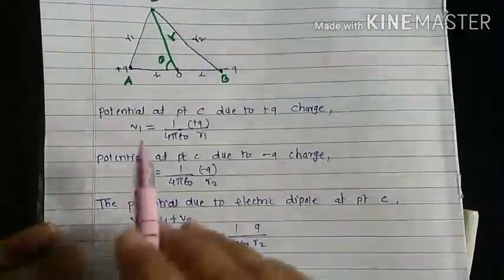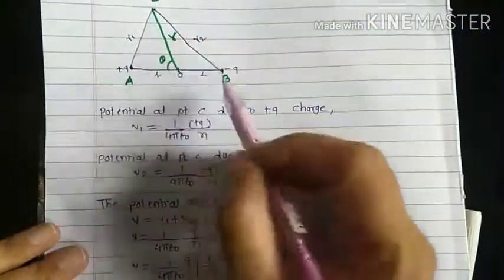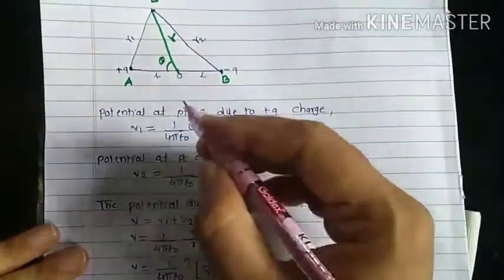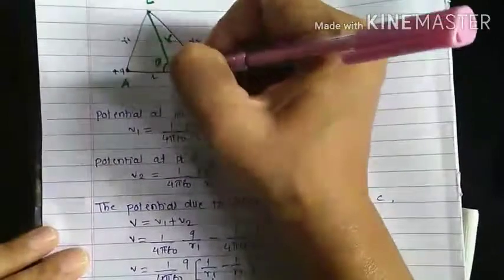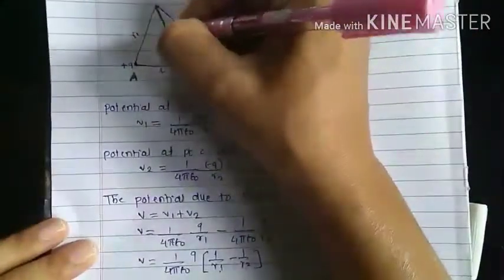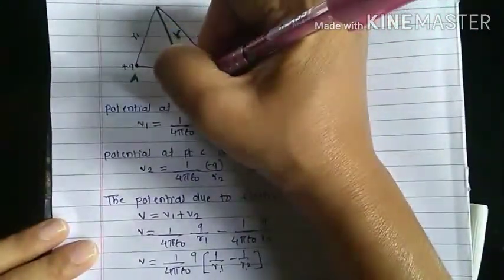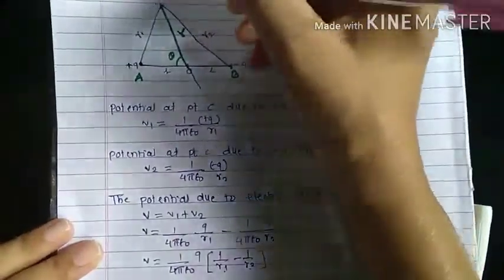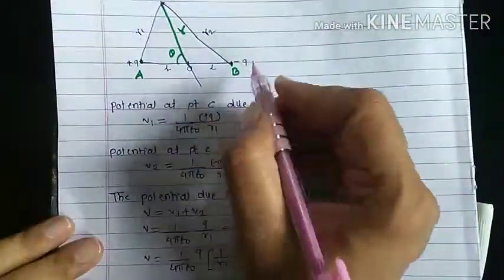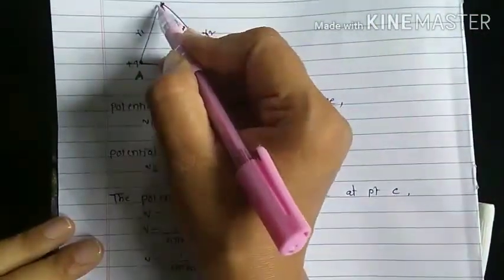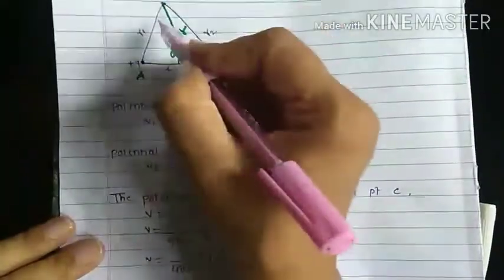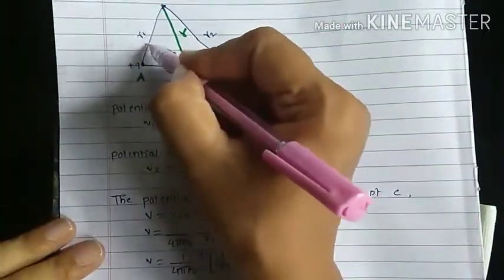For the determination of R1 and R2, let me extend this line here. It is observed that this AC distance is R1.